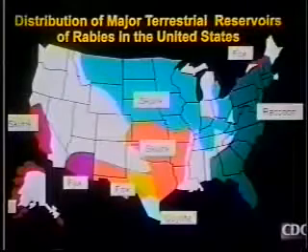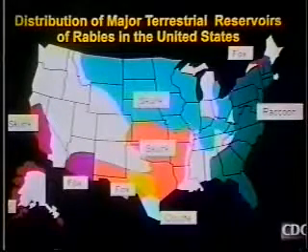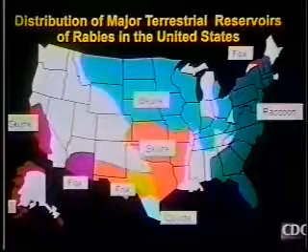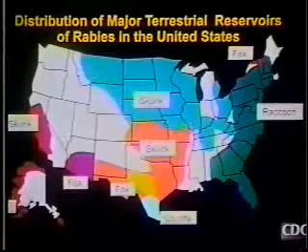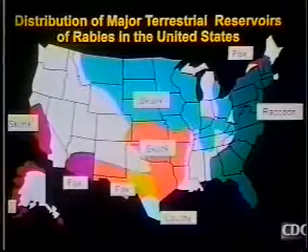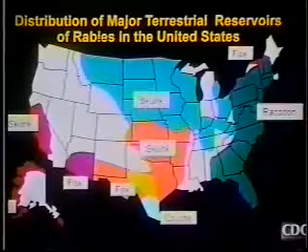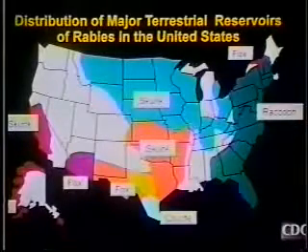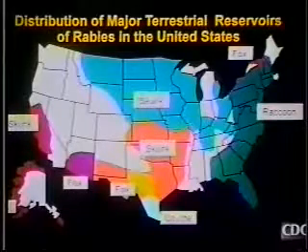This slide shows the presence of these respective monoclonal identified viruses in the parts of the United States, and you'll note that on the eastern part of the United States, the principal type is one of raccoons, while in the Midwest, skunk rabies is much more common.